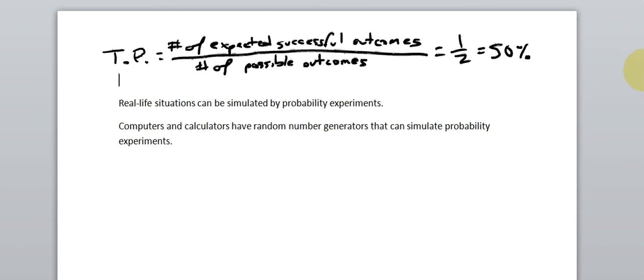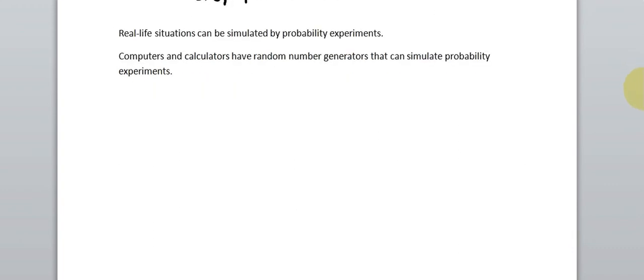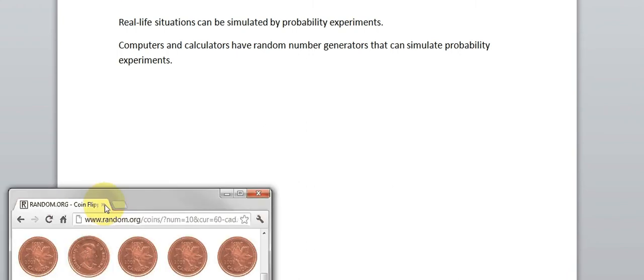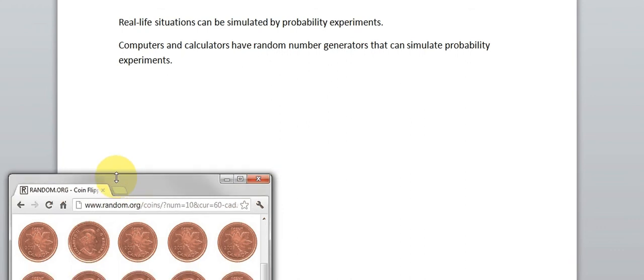And the nice thing for us is that real life situations can be simulated by probability experiments. So I could sit around all day flipping coins, which maybe I would enjoy doing, but you're not like me and you don't want to do that. We can use a computer or calculator that will simulate flipping a coin.